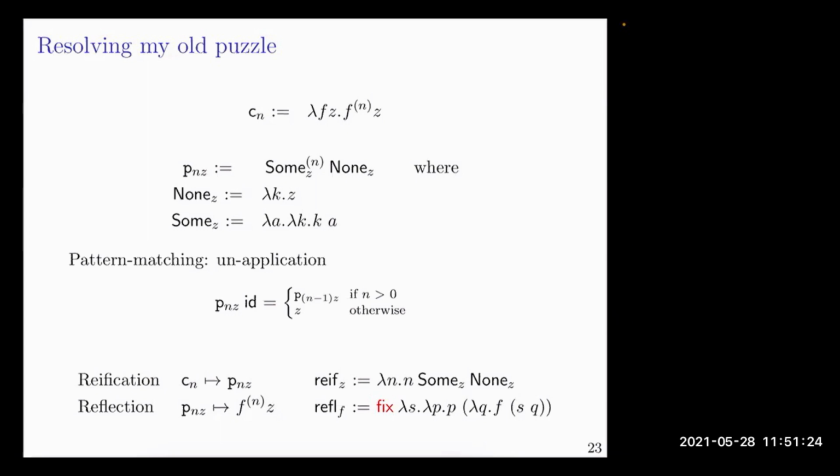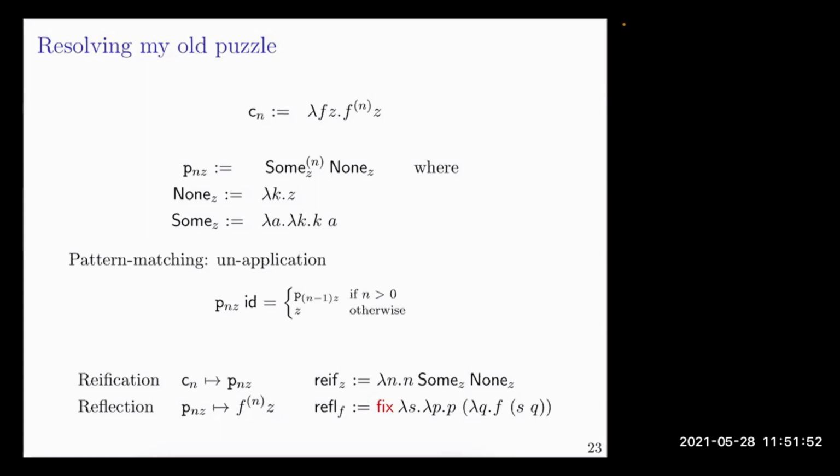But here's the trick. If we have P_n z and we want to replace all some with f, we need to perform iterations, but only n times, right? Because there are n some here, so we need to iterate n times.